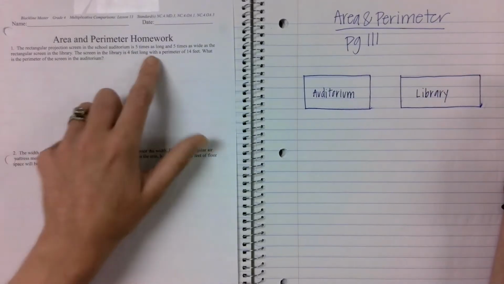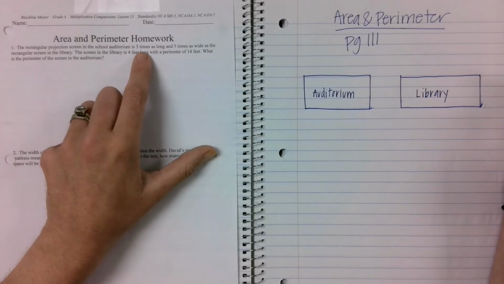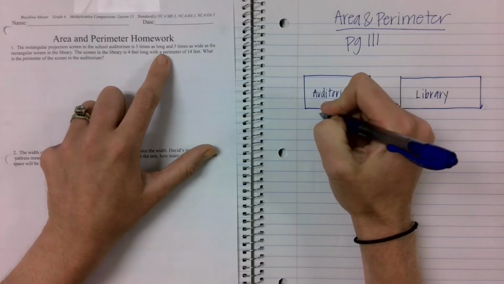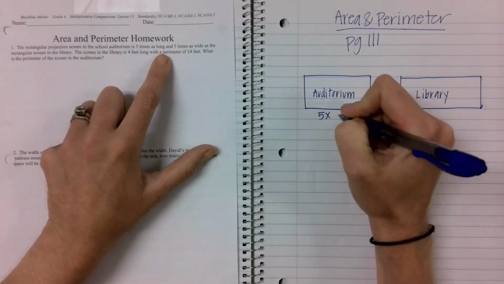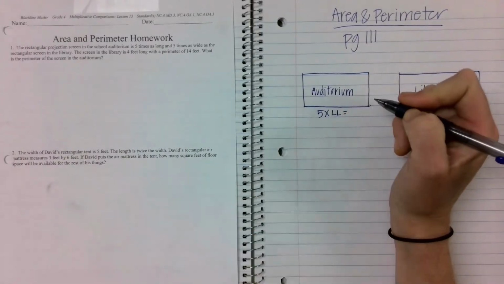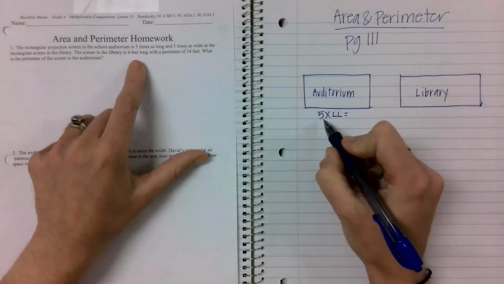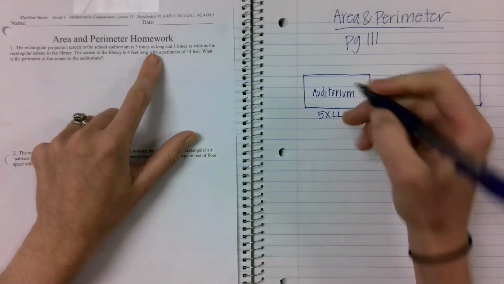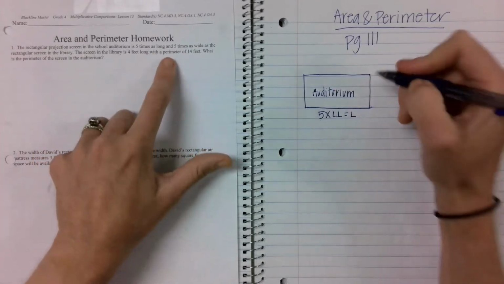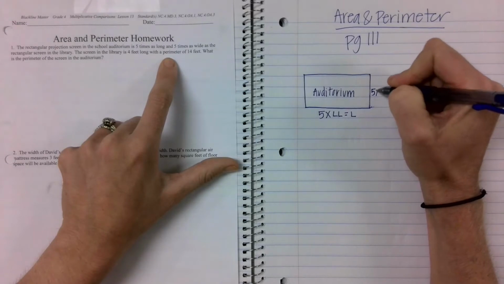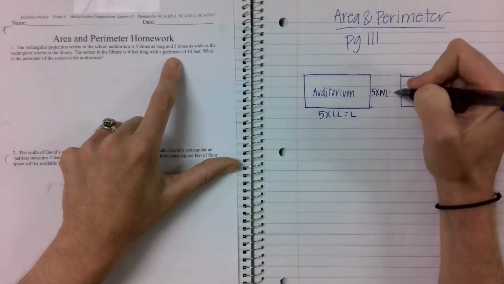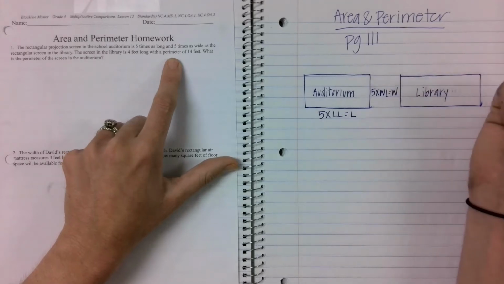Okay, now it says the auditorium is 5 times as long, so it's 5 times the length of the library, so 5 times the length of the library will equal the length of the auditorium, and then 5 times the width of the library equals our width here.